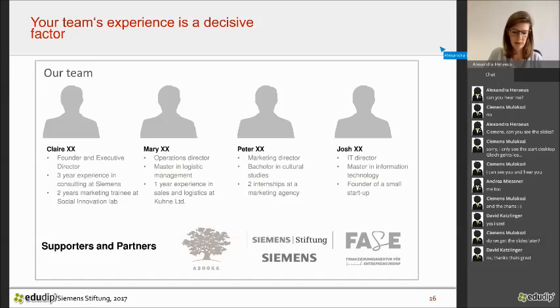As promised, I also said I'd bring something for the team slide. This is an example where you could put in pictures of your team and just a brief description of each person's abilities and experience. I think it's very important that you're clear about your team's experience and how your team interacts and is set up, because for most investors, that is one of the main reasons why they invest in you.